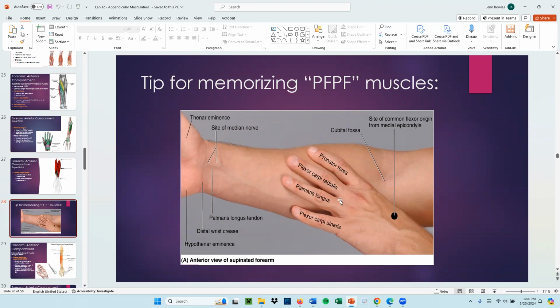Palmaris longus is this weird muscle that has a tendon that goes down to the wrist and then jumps over flexor retinaculum. I'll talk about that in further detail in just a second. And then flexor carpi ulnaris is this last superficial muscle of the forearm, which runs down the ulnar side, or the pinky side of the forearm.